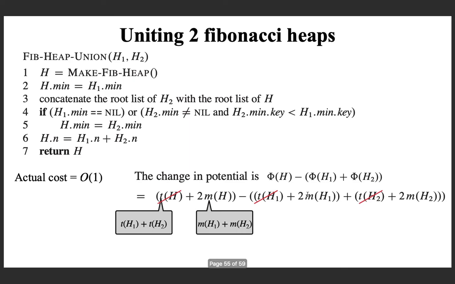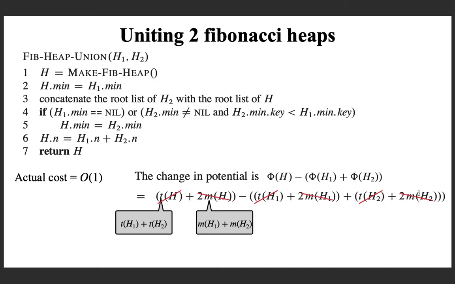And similarly, you can see that the number of marked nodes in H is nothing but the number of marked nodes in H1 plus number of marked nodes in H2, because you are just combining, right? And then similarly, you can cancel this 2 into M of H1 and 2 into M of H2 with this 2 into M of H, because this is the sum of this and this.